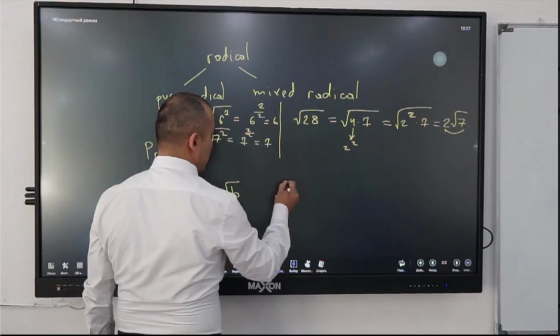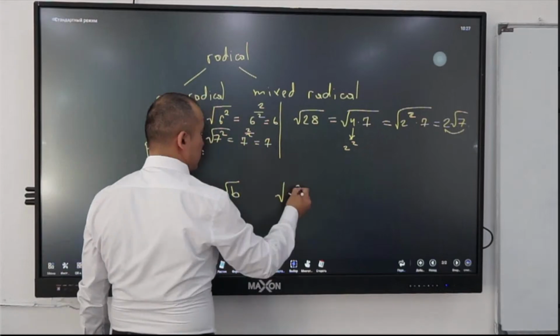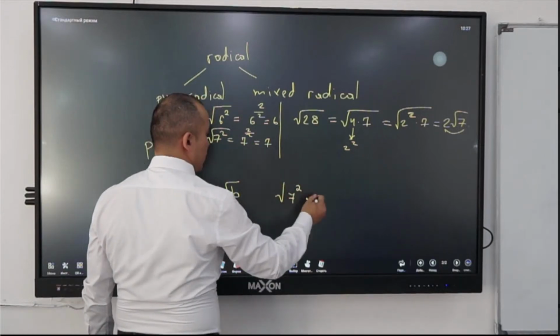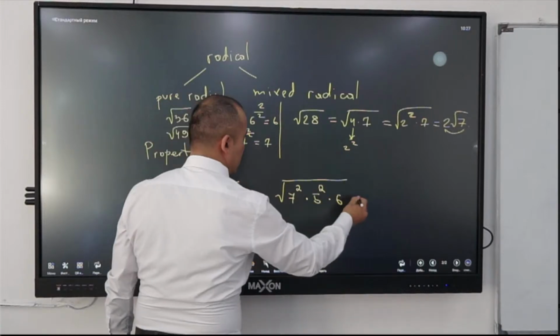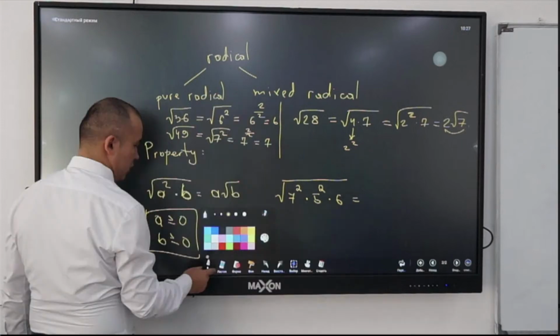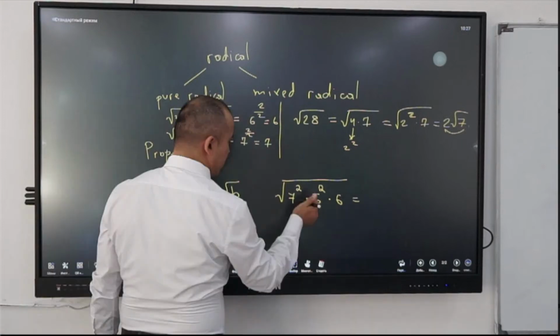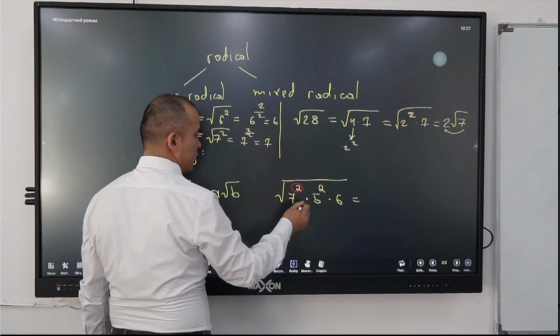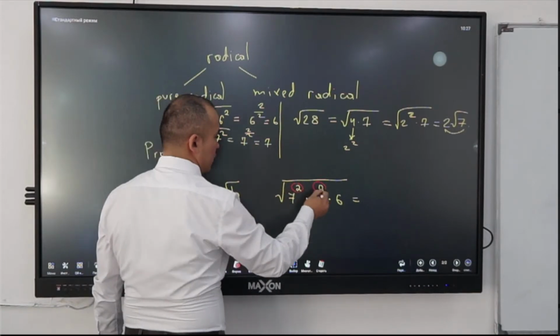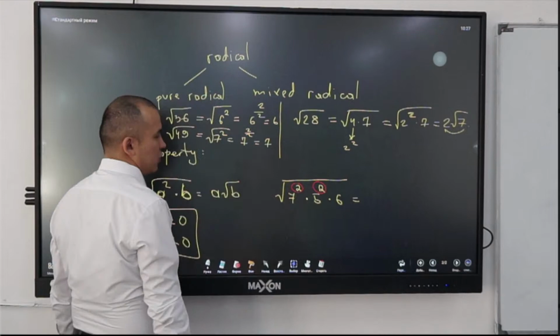Okay, let's write another example. For example, root of 7 squared times 5 squared times 6. If you look here, the exponent of the 7 is 2. The exponent of the 5 is also 2.